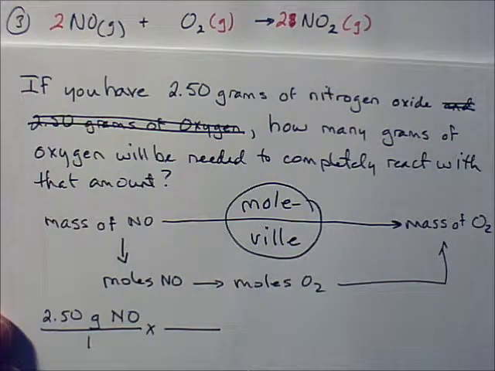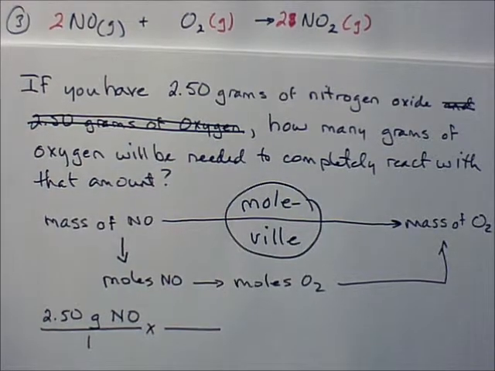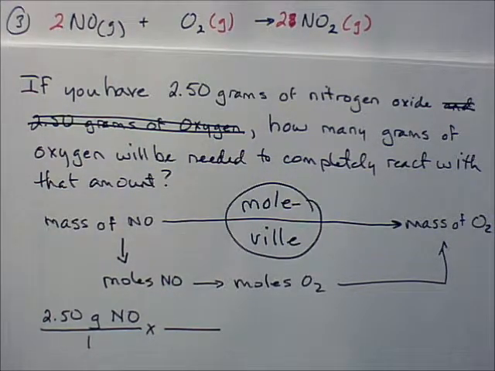Okay? How do we convert from grams to moles? What do we do to go from mass to moles? Add on the little, molar mass. You got to calculate the molar mass, not Avogadro's number. This is the molar mass.